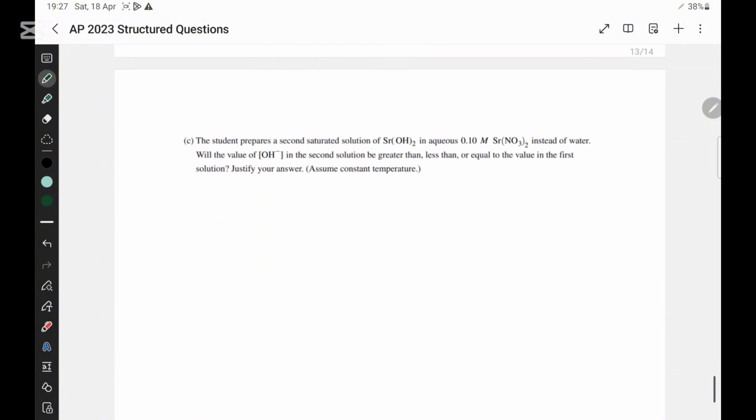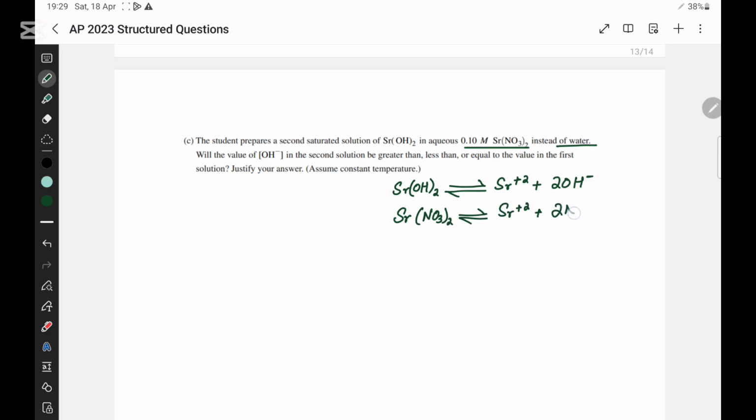Now they are saying the student prepares a second saturated solution of strontium hydroxide. Strontium hydroxide, when it dissolves, is going to form strontium ion Sr2+ and 2 OH minus. And when they are preparing it in this solution instead of water, it also contains strontium ion and 2 nitrate ion.